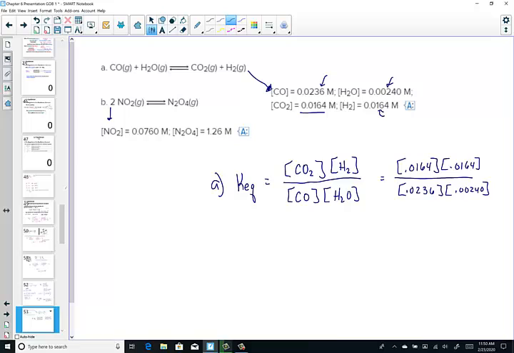0.0164 times 0.0164 equals, divided by parenthesis, 0.0236 times 0.00240, close parenthesis, equal.